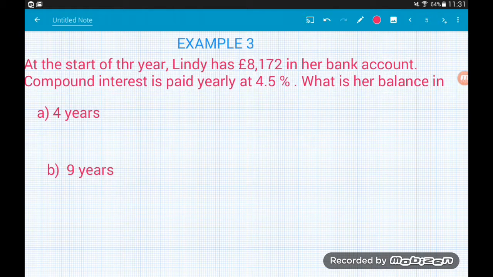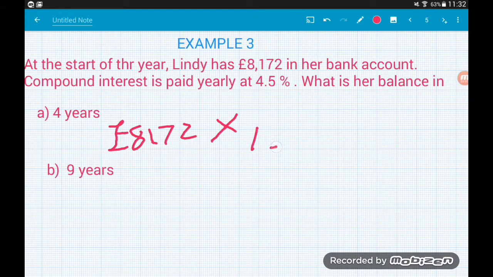Okay, at the start of the year, Lindy has £8,172 in her bank account. Compound interest is paid yearly at 4.5%. What is her balance in 4 years? Well, what's our initial balance? It's 8,172, so we're going to start with that. Then we're going to multiply that. What's our multiplier going to be? Well, we're increasing by 4.5%, so our multiplier is 1.045.